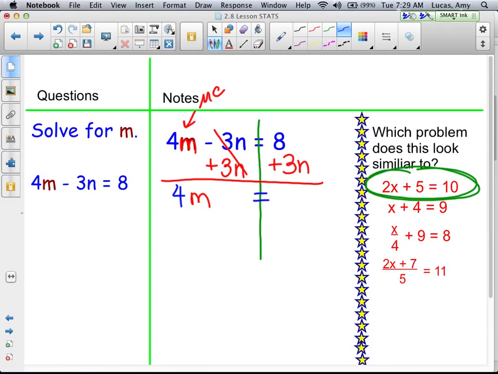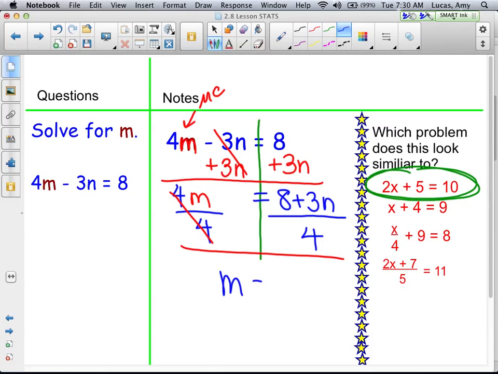So I am just going to write it as 8 plus 3N. That's it. You cannot put them together. It's not 11N. It's not 11 anything. Okay? Leave them separate. Then divide by your 4, and you are done. The 4's cancel out. So M equals 8 plus 3N, all divided by 4.